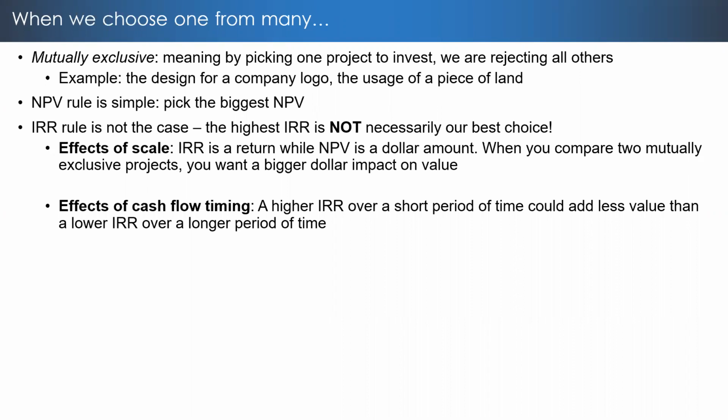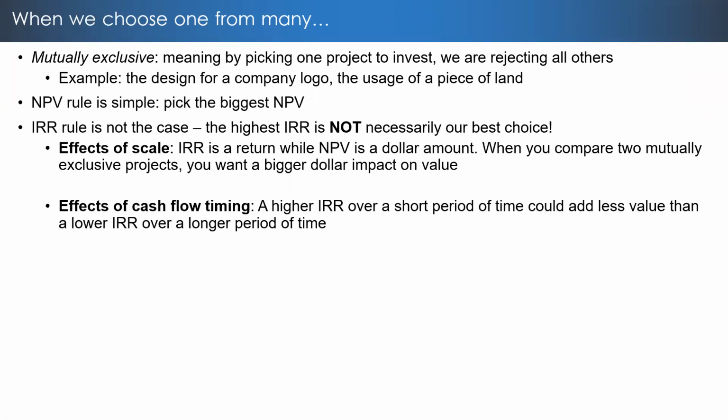Okay. So the IRR rule can also be used, but sometimes different projects will have different scales, meaning that the scale of cash flow is different. So project A returns you a cash flow of $1,000 a year. Project B returns you a cash flow of $10,000 a year.